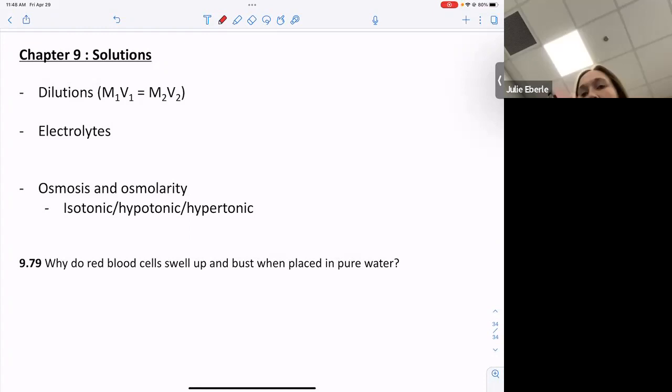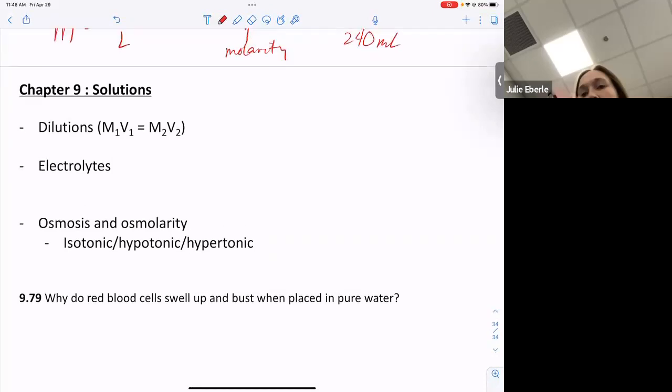Electrolytes. We talked about how there are strong electrolytes. How do you recognize a strong electrolyte? This is something, for example, HCl, one-way arrow, one direction to products, something that breaks up into ions, disassociates, and you end up with all product.